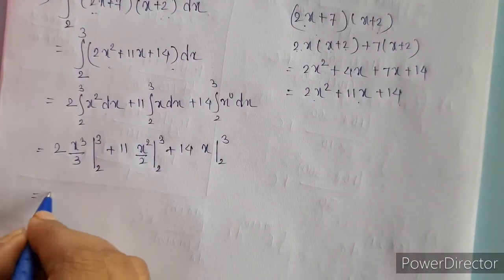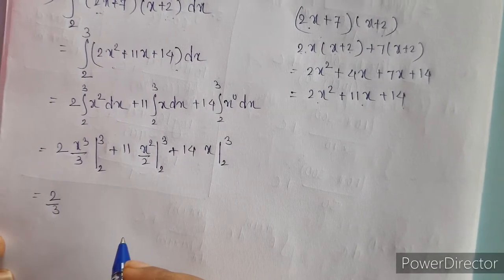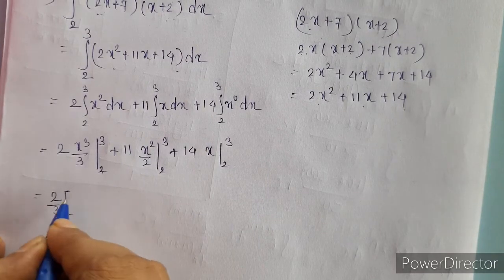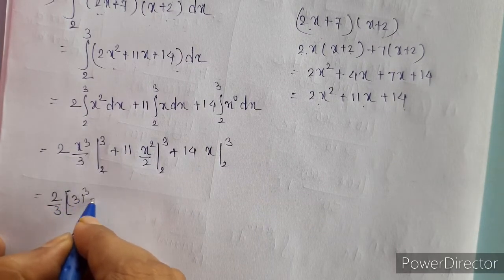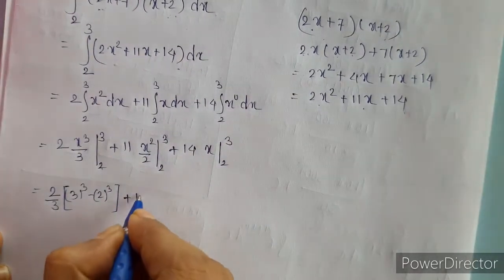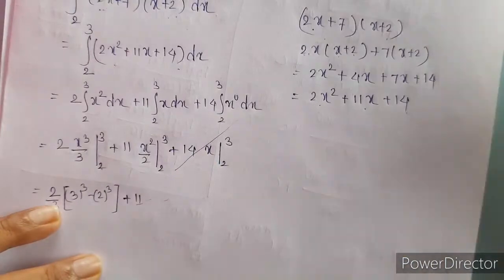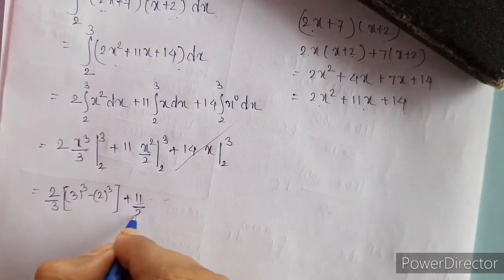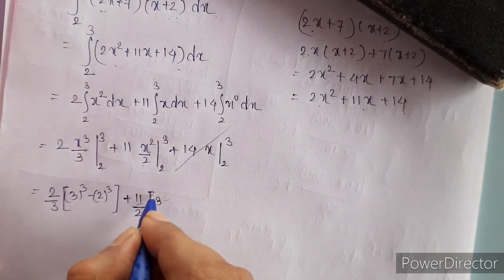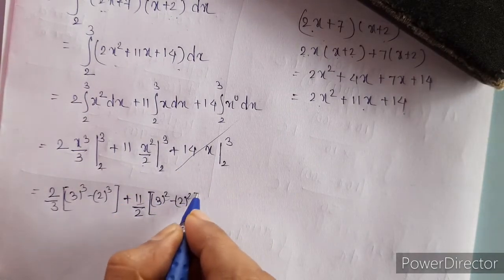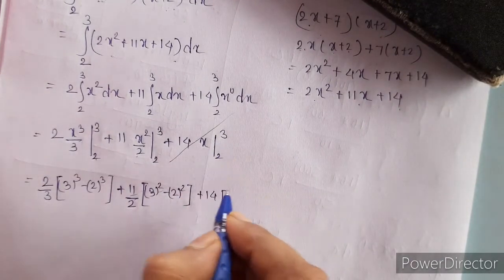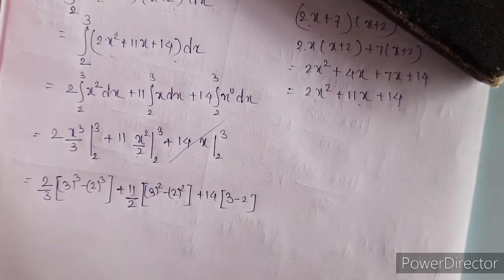Now substitute 3 and 2. Keeping 2 by 3 as it is, instead of x cube we substitute 3 and 2. So this can be written as 3 cube minus 2 cube, plus 11 by 2, instead of x square, 3 square minus 2 square, plus 14, instead of x, 3 minus 2.